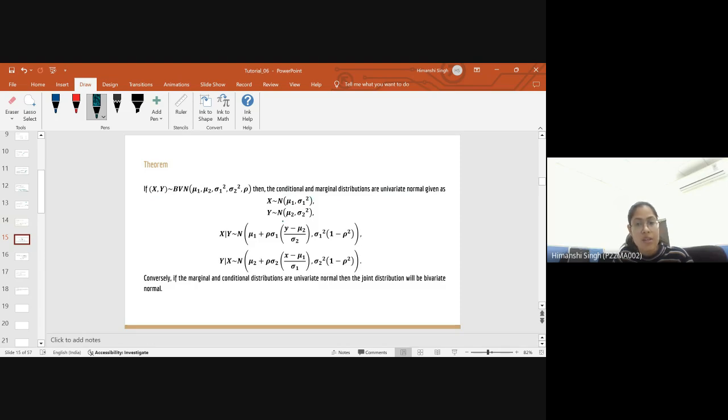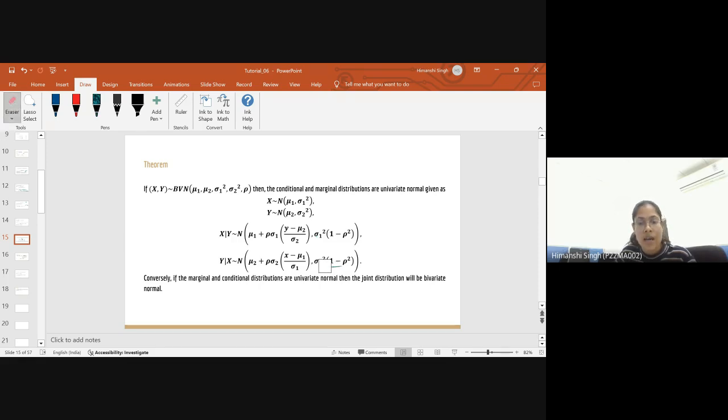Y will be normal with mean mu 2 and variance sigma 2 square. X given y will be normal with mean mu 1 plus rho sigma 1 times y minus mu 2 by sigma 2, and variance sigma 1 square times 1 minus rho square. And y given x will again be normal with mean mu 2 plus rho sigma 2 times x minus mu 1 by sigma 1, and variance sigma 2 square times 1 minus rho square.